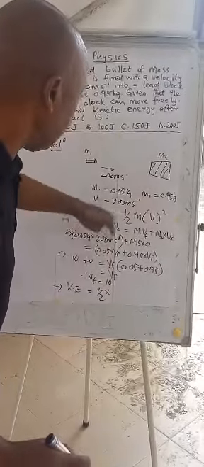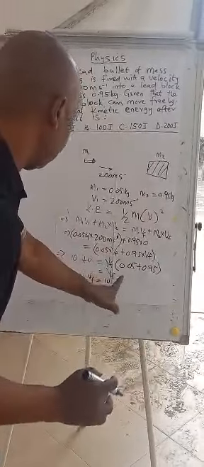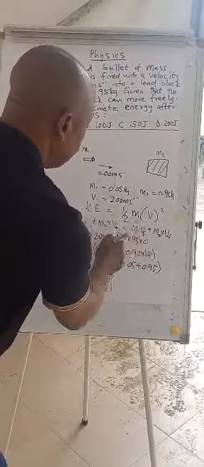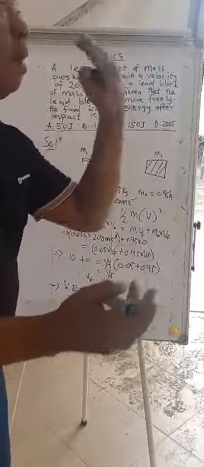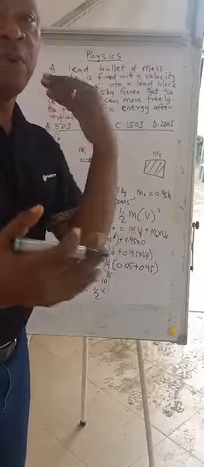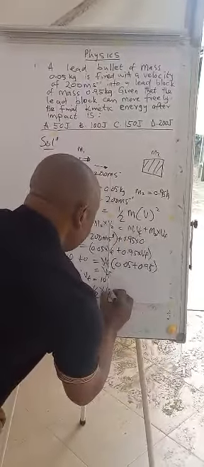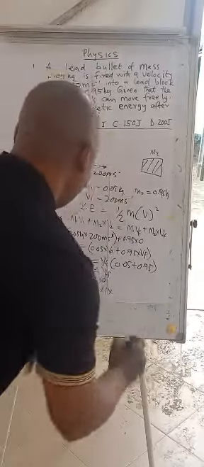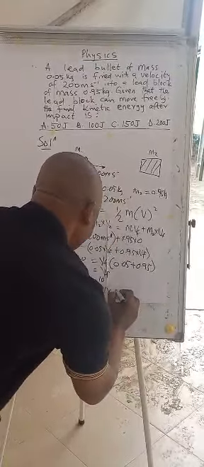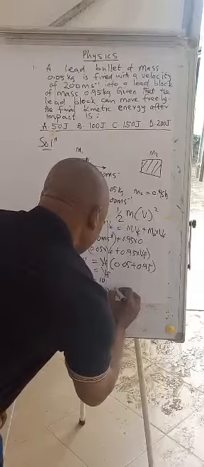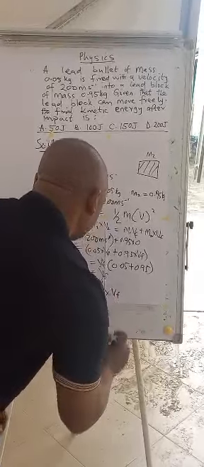You can see that the total mass after the impact is 0.05 plus 0.95, that's 1. So that's 1, then times Vf, V final.